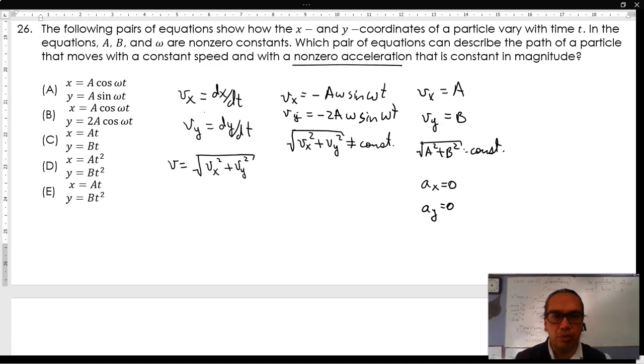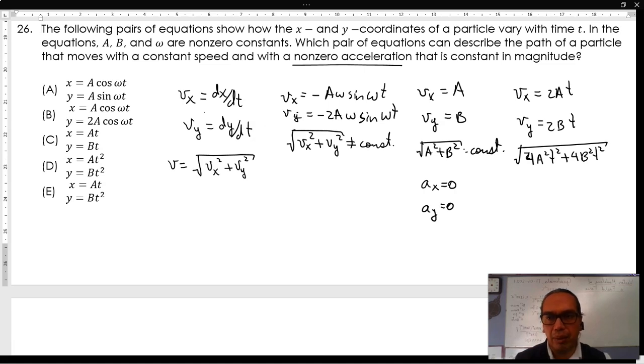On the other hand, option D, the velocity in x is 2at, the velocity in y is 2bt, and our problem here is that the square root of 4a squared t squared plus 4b squared t squared is not a constant value since it depends on the time, so the speed is not constant.